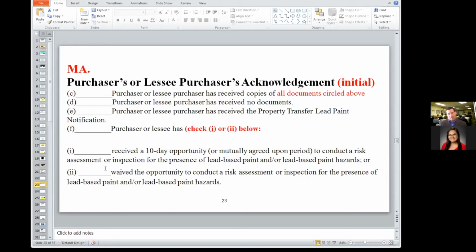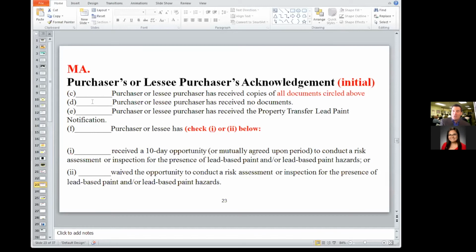Should we have the buyer initial the 10 pages of the lead law that they read it? It's okay if you have them initial the 10 pages. It's unnecessary because right over here, it says, see the E? Purchaser, unless the purchaser has received 10 pages. That's what it says.